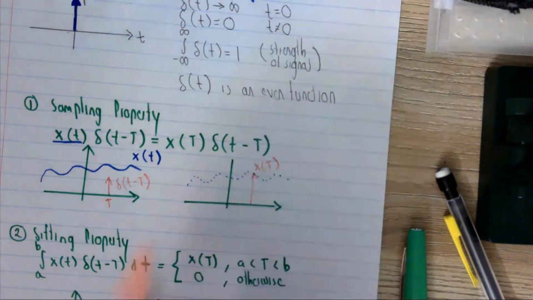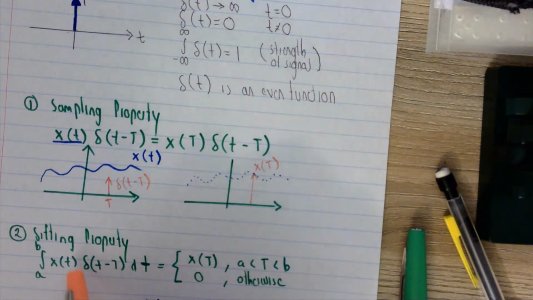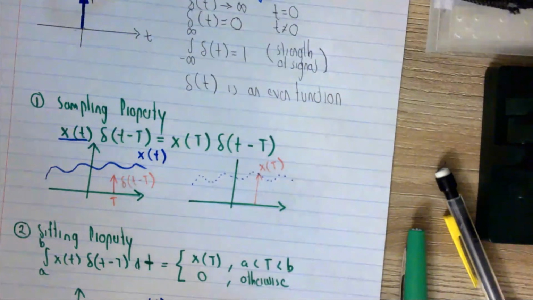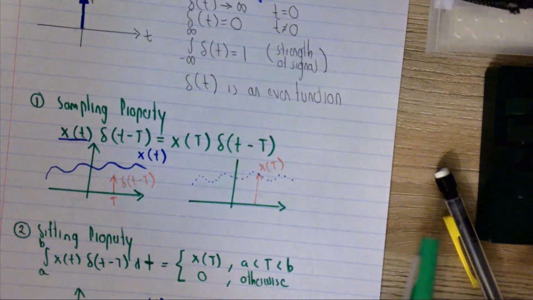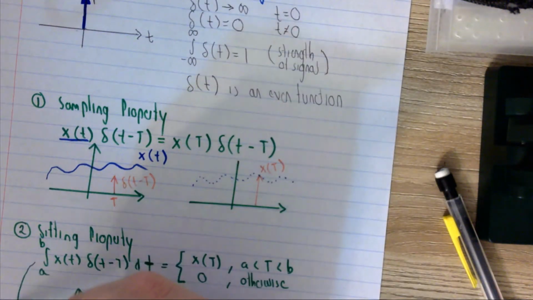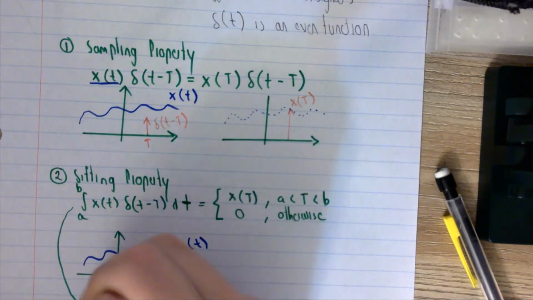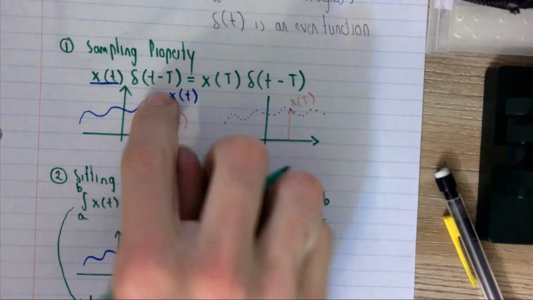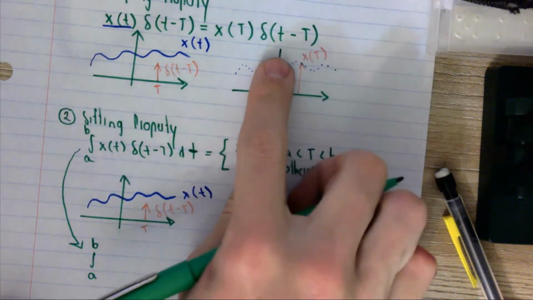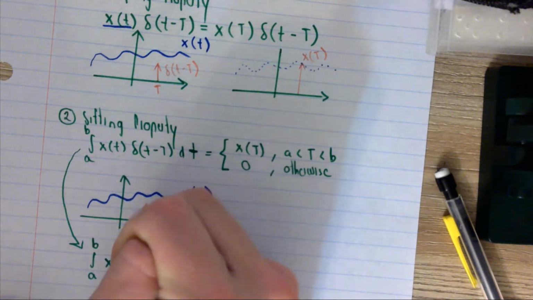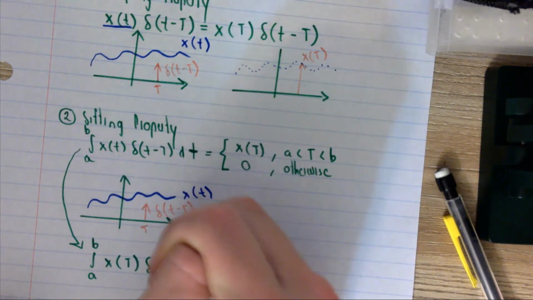So if we take the integral under the curve specifically at this point, we can rewrite it using the sampling property from above as x of t delta t minus tau dt, correct?